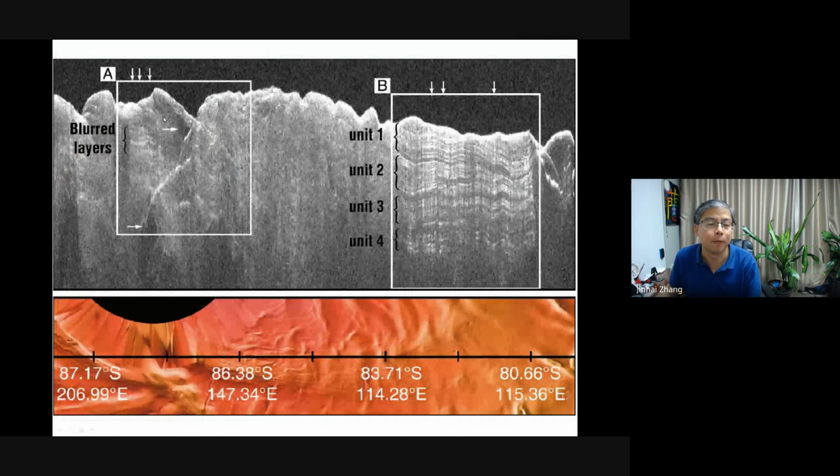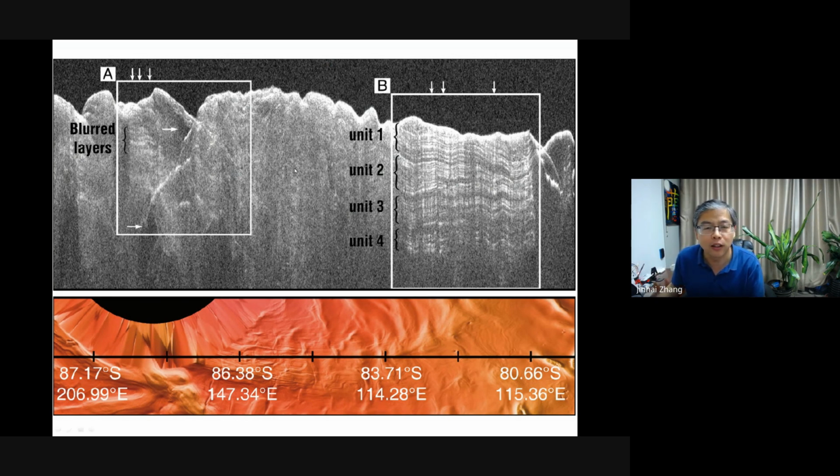This kind of reflection is mainly from the surface, not associated with any subsurface reflection. So this must be reduced or identified first, otherwise we will misinterpret the results.